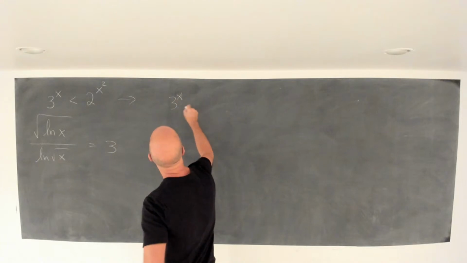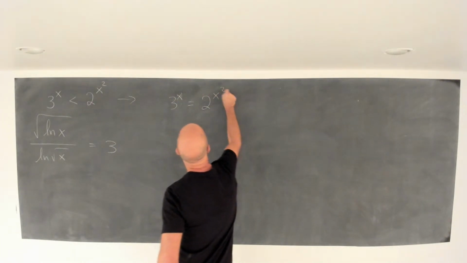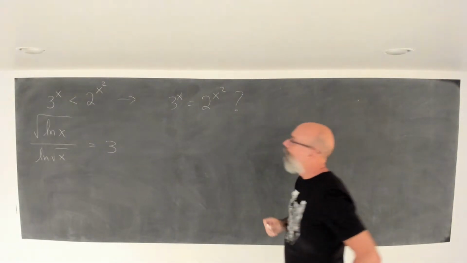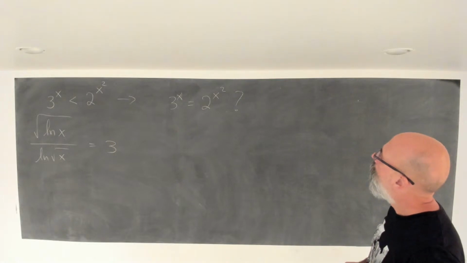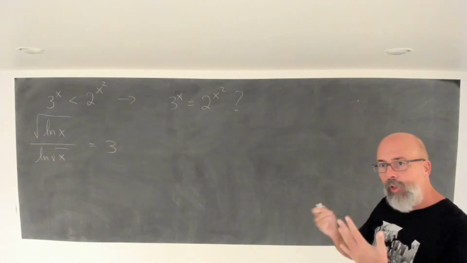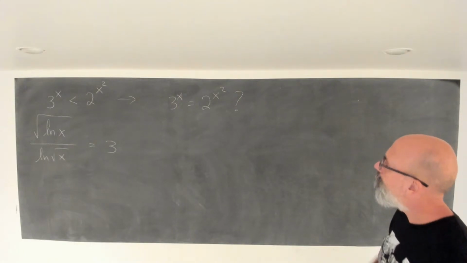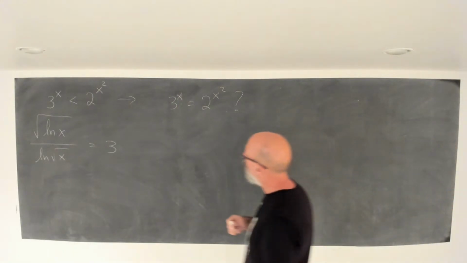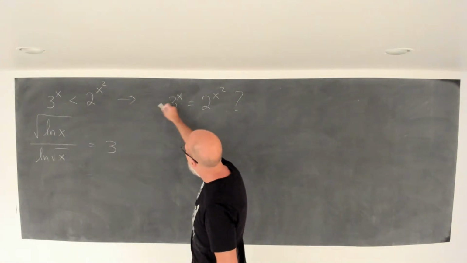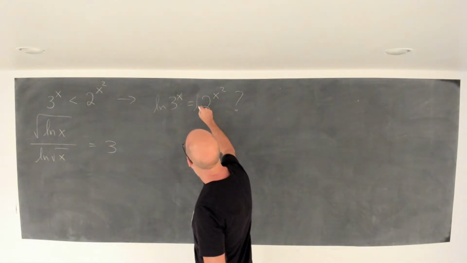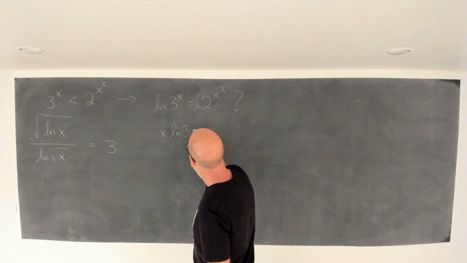When is 3 to the x equal to 2 to the x squared? Right, that's going to be kind of a limiting point, if you will. And to work out the equality here, I would take ln of both sides, allowing us to bring the powers down.